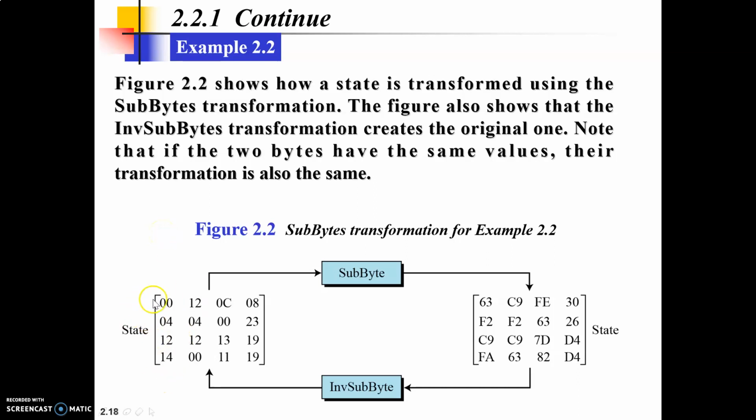For 00, that means 0th row, 0th column, the entry at that point is going to give you the value 63. Then for 04, find the 0th row, 4th column, and the entry at that point is going to be F2, and so on. In this way we are going to transform our input state into a new substituted output state.